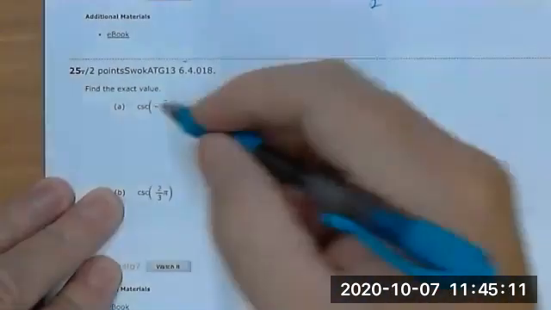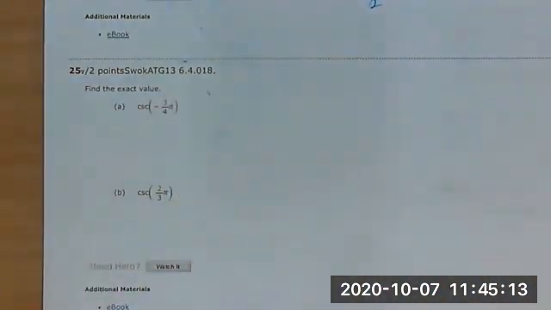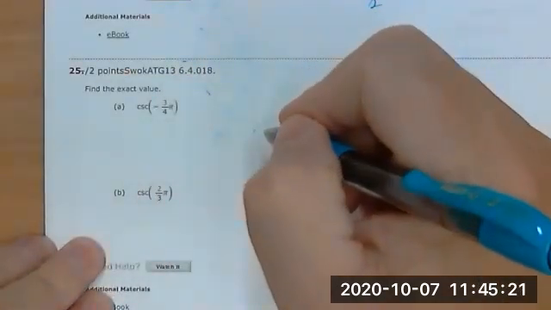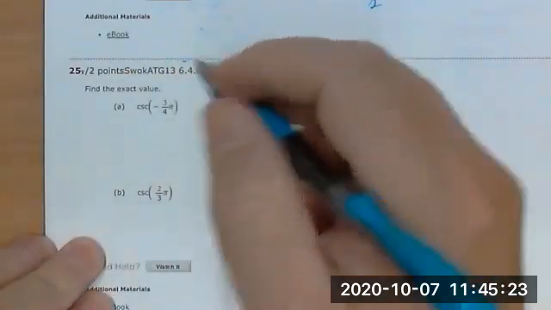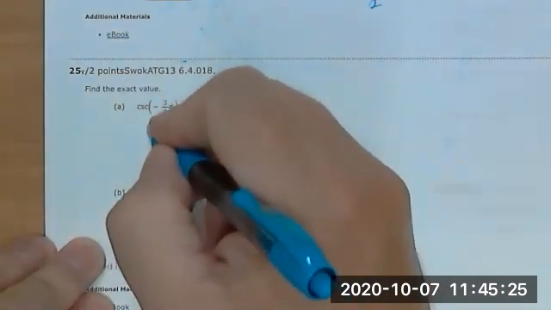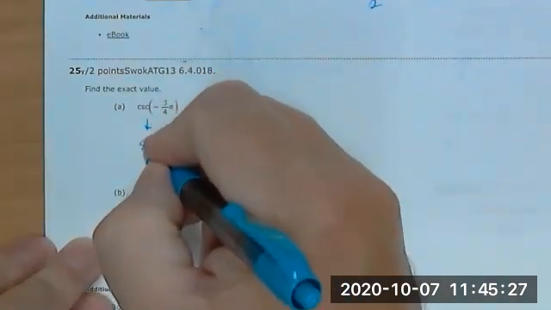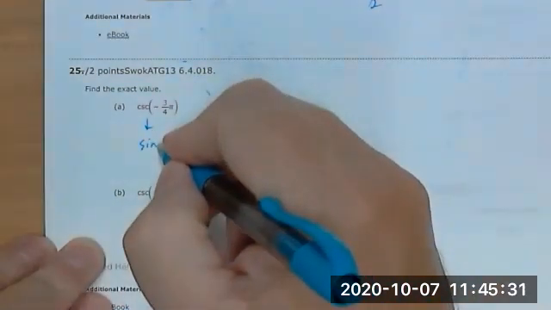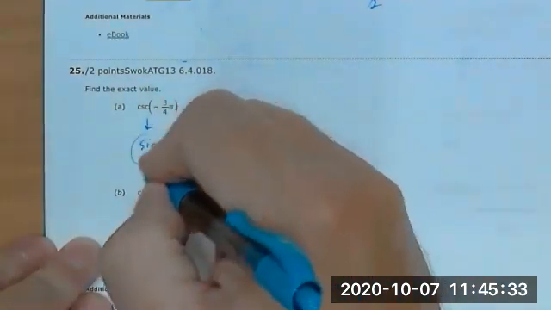Cosecant. All right. Well, that's good we're doing this. This is a little twist. So this is not sine, cosine, or tangent. So what do we do? Since I know cosecant and sine are reciprocals, let's just find the sine.